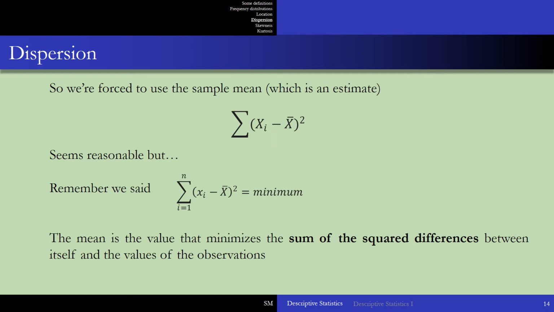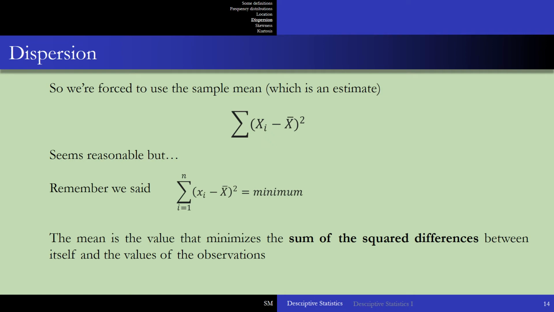So instead of using the population mean, small Greek mu, we use the sample mean in order to calculate the squared deviations that are going to be summed. Well, that seems somewhat reasonable.